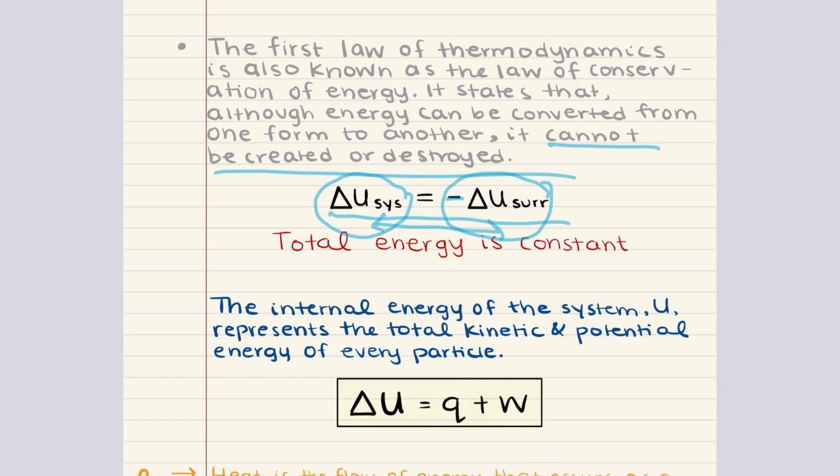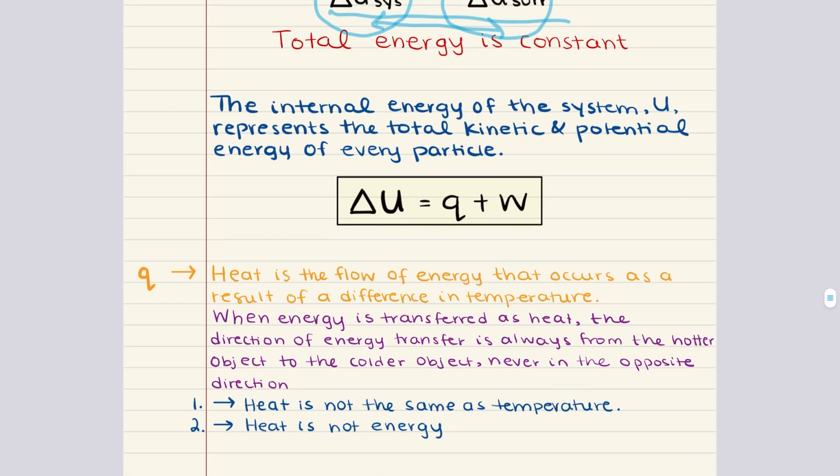So now that we know energy cannot be created or destroyed, we want to ask, how does it actually move? Energy can be transferred in two main ways, as heat or as work. And this gives us a really important equation. The change in internal energy is equal to heat plus work.